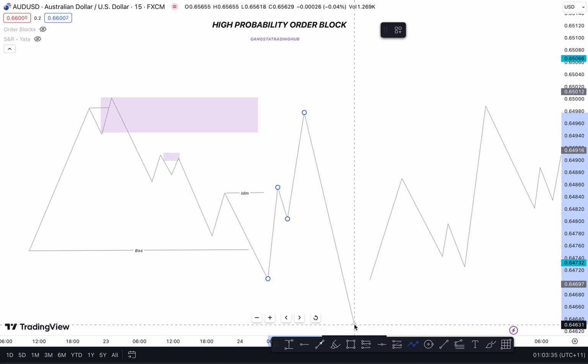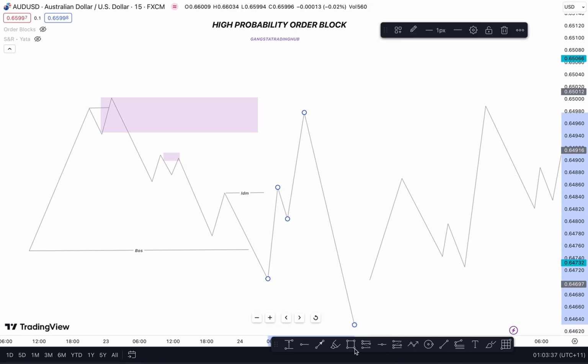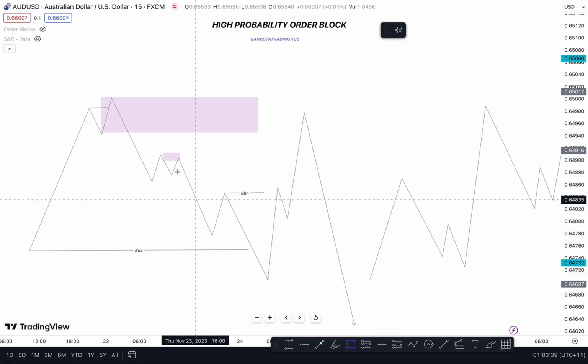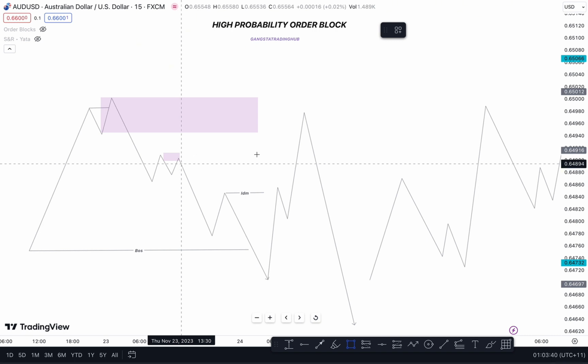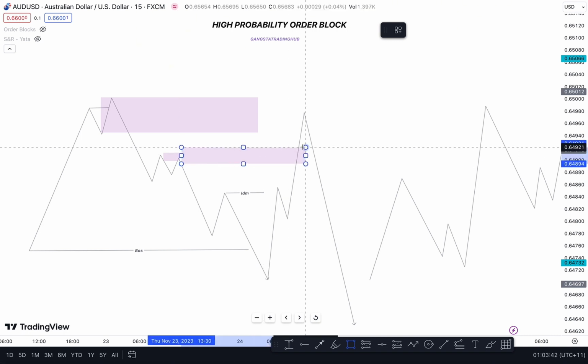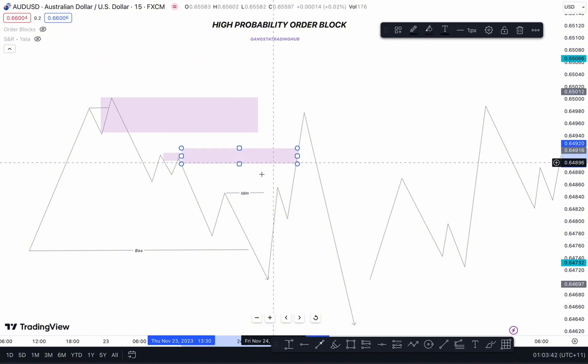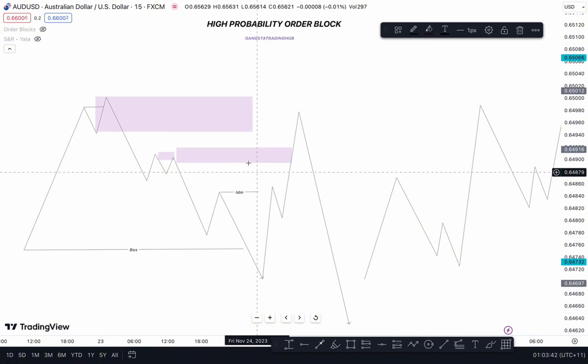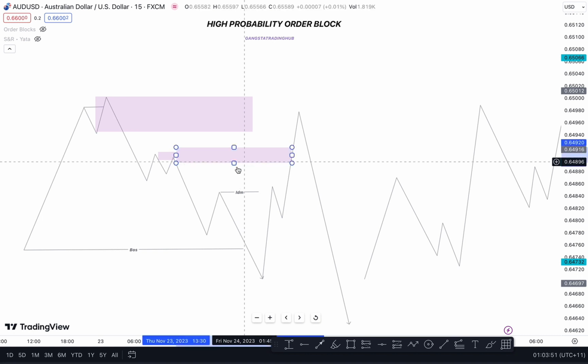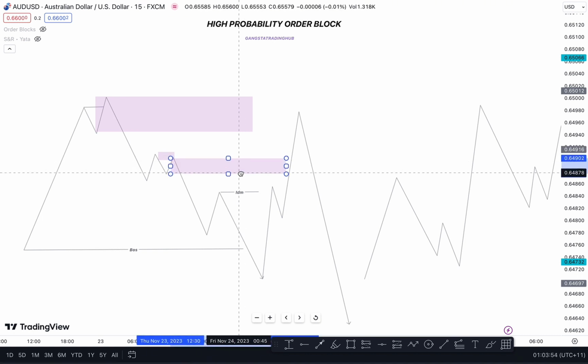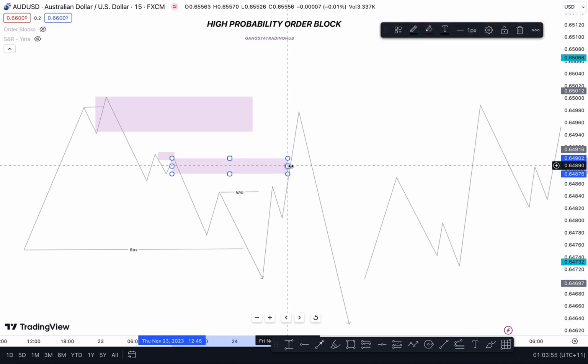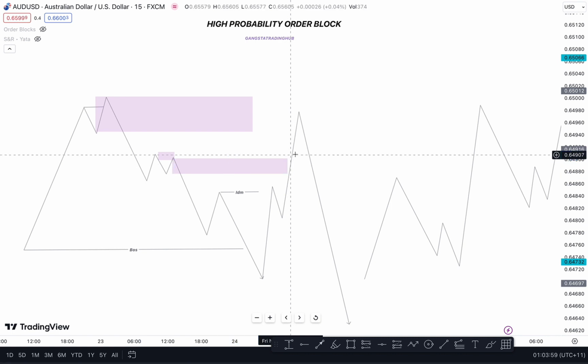Correct. So you see some people marking here as their order block, and you see that after price gets there, price might only give you a little reaction, right?